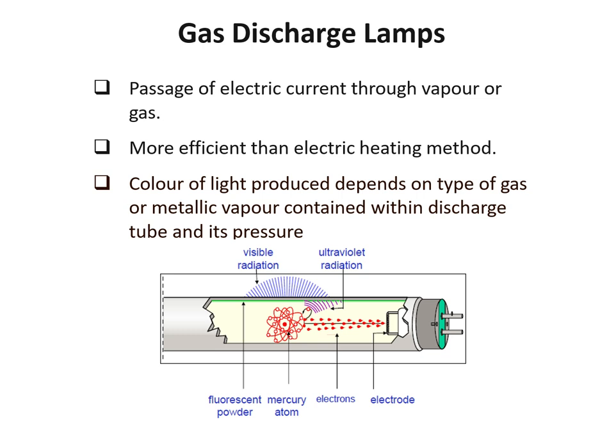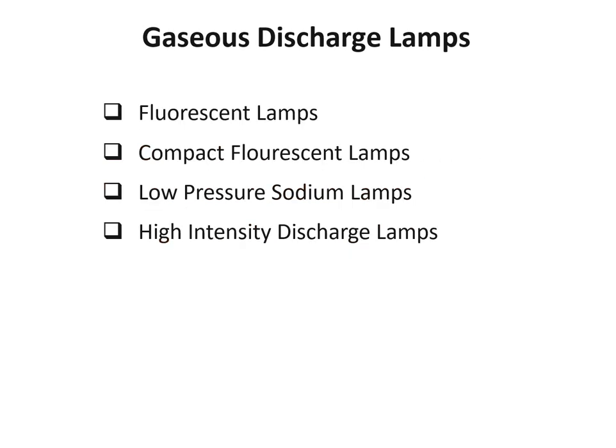So the third point, if you think about it, offers a lot of opportunity in terms of lighting design. We also have gaseous discharge lamps: fluorescent lamps, compact fluorescent lamps, low pressure sodium lamps, and high intensity discharge lamps.